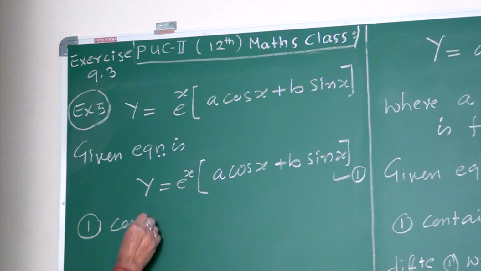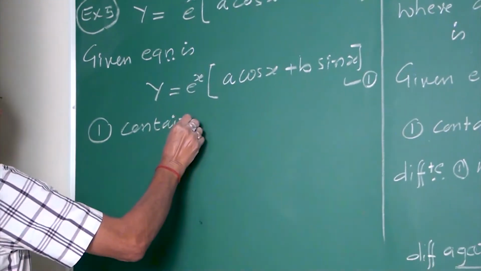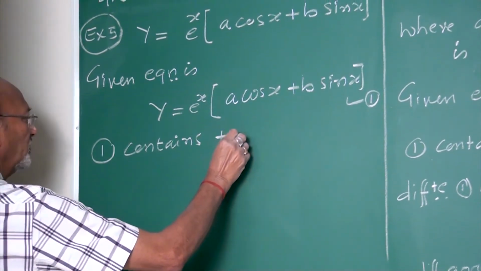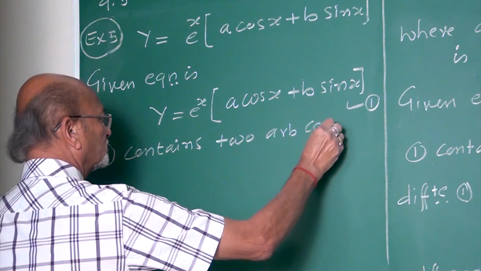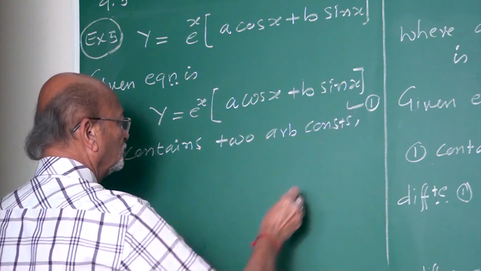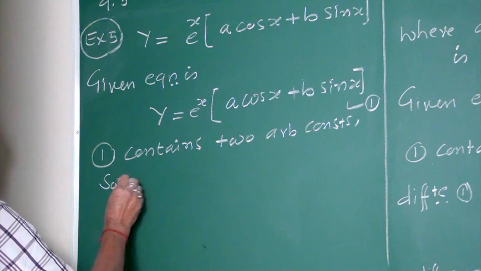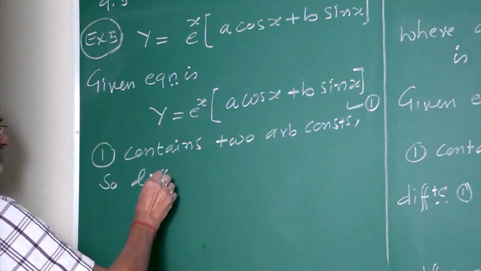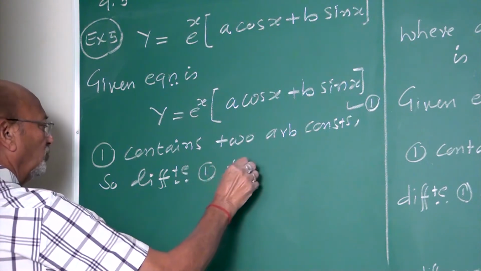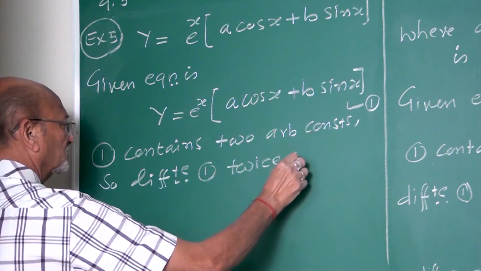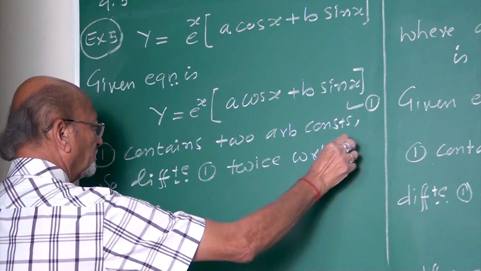Equation 1 contains two arbitrary constants, a and b. So, differentiate equation 1 twice with respect to x.